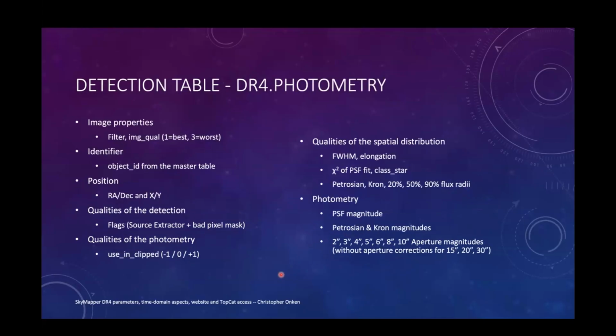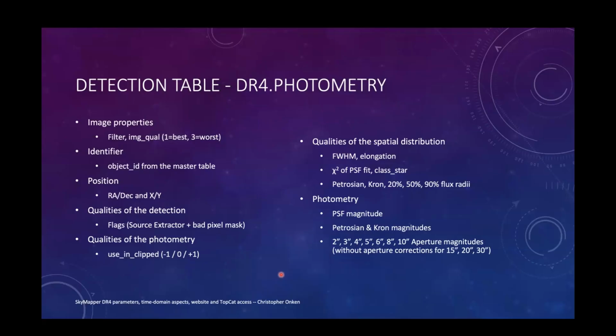Now, the detection table we label as the photometry table, and these record the individual properties of the measurements that we make from the images. Each image itself was given an image quality flag, from 1 being the best to 3 being the worst. The identifier in the photometry table is retained from the master table, so you can identify the particular photometry you want out of the table by using that object ID.